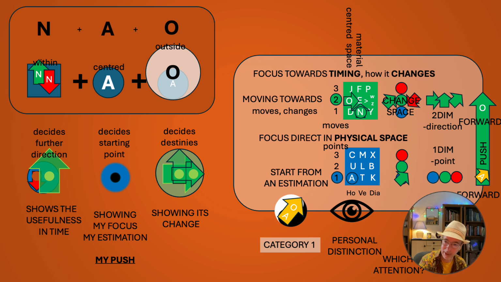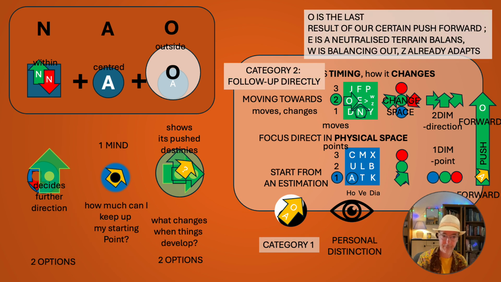So it will be about how much do I understand it, how much can I push it, and so on. Everything in the now region will deal with that direction.